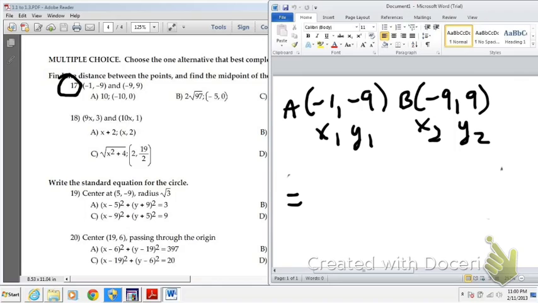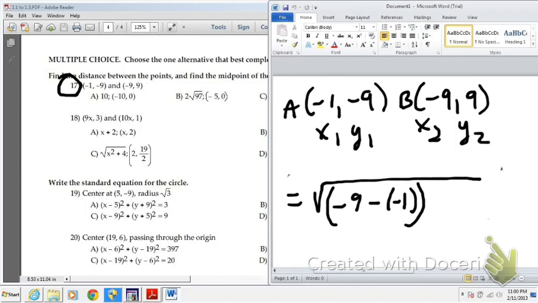So when you're doing distance, big square root, x2 minus x1, be very careful of the signs, whole thing squared, plus y2 minus y1, so 9 minus minus 9, whole thing squared.